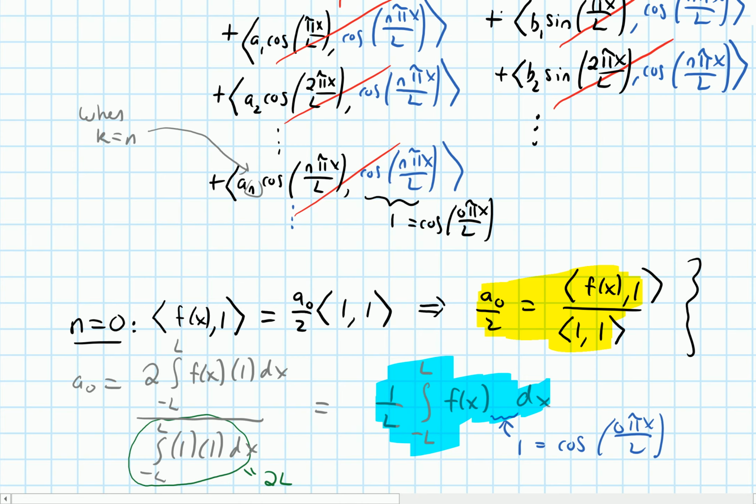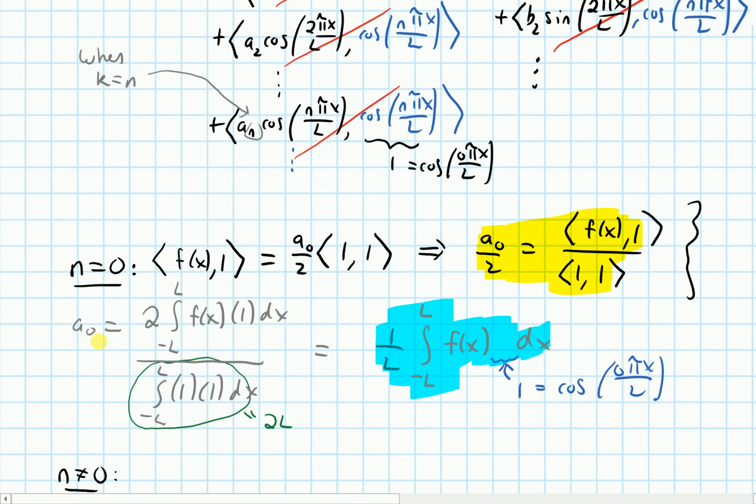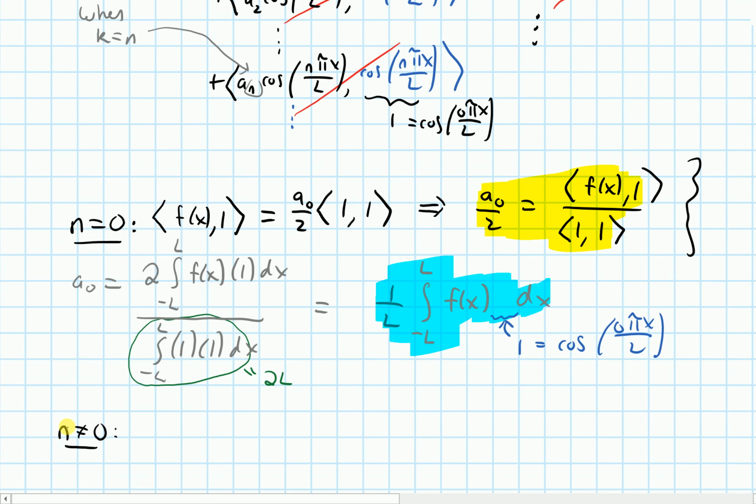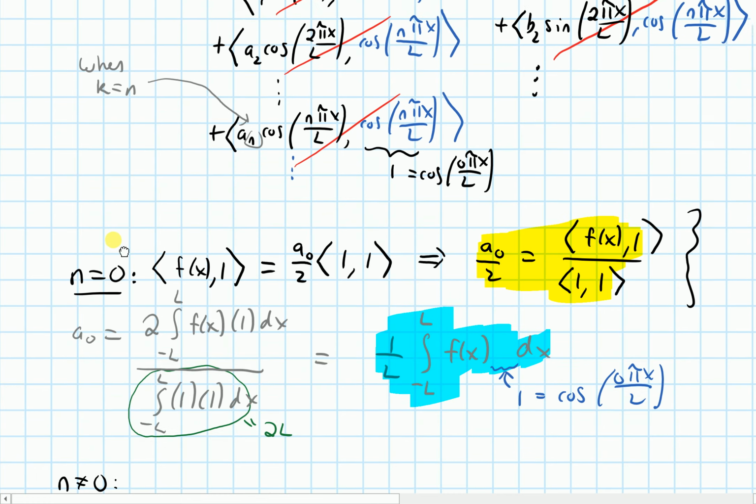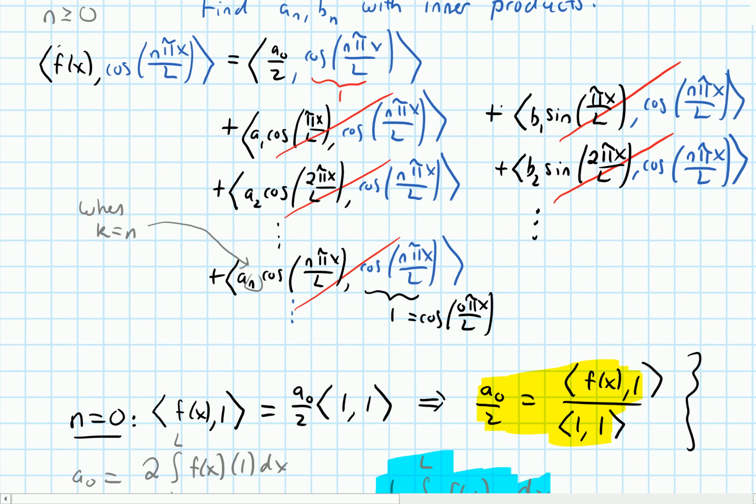All right, so now let's go ahead and figure out, well, what would our coefficient be if n was not 0? So if n was not 0, I'm going to go ahead and go back to my work up here. I'm going to erase all these crosses that I've drawn.